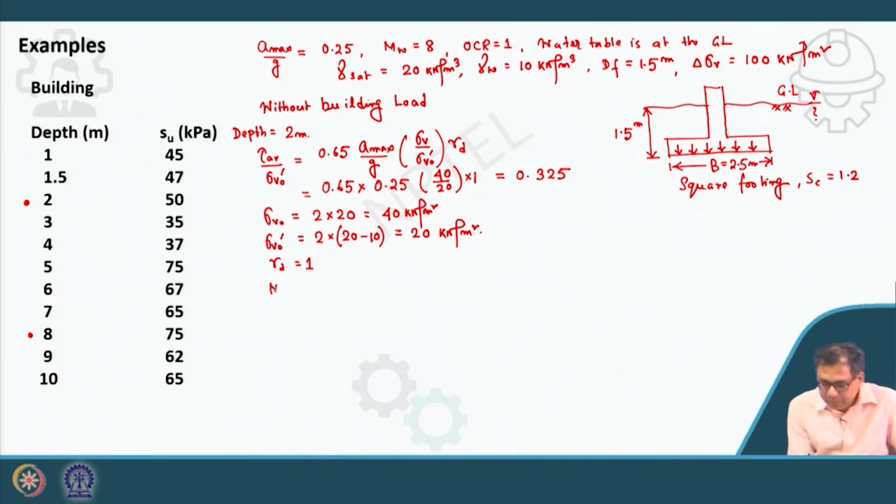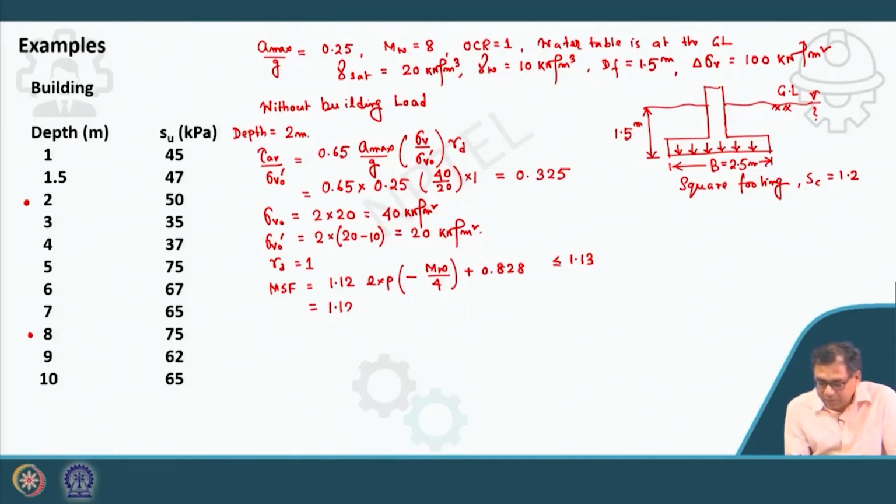Okay, now the MSF expression is 1.12 exp for Mw. So I am taking the cyclic softening, so I will use this expression, plus 0.828, and that should be less than 1.13.